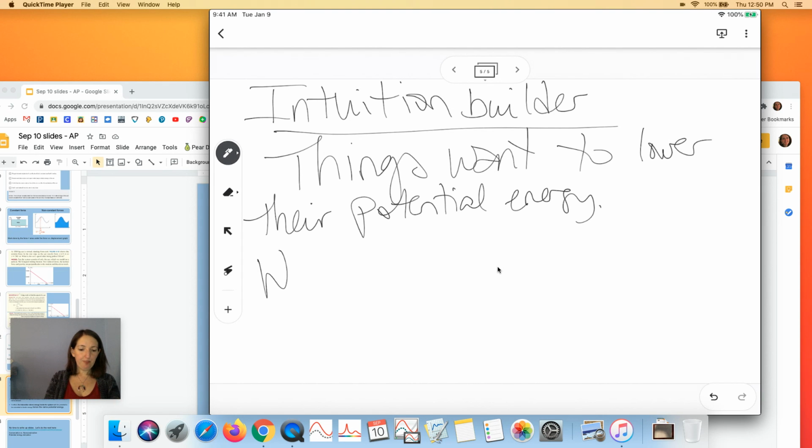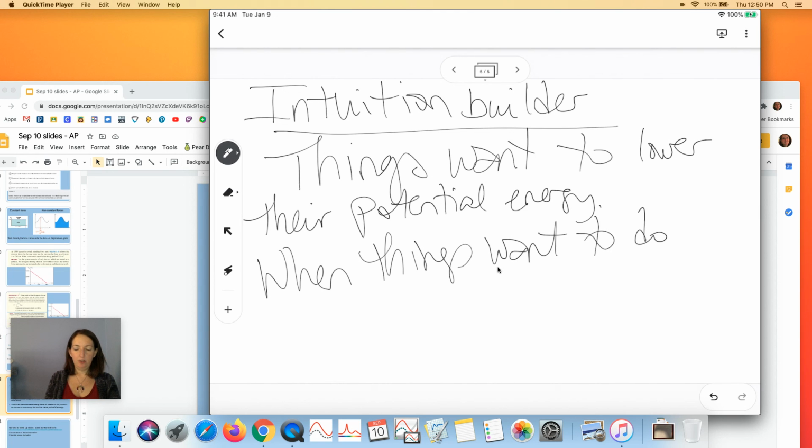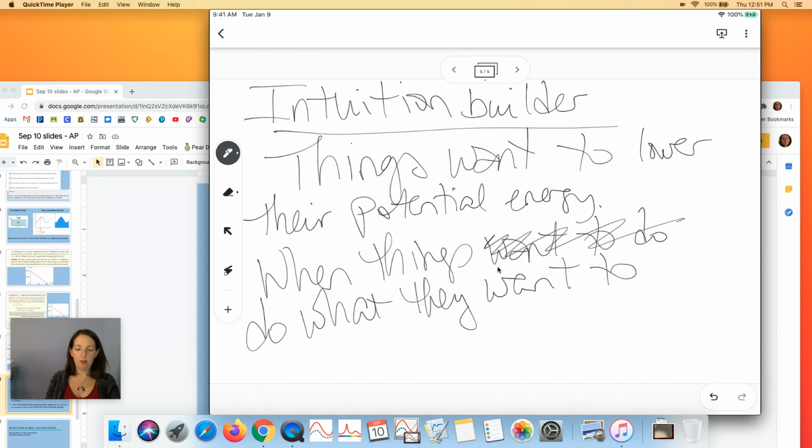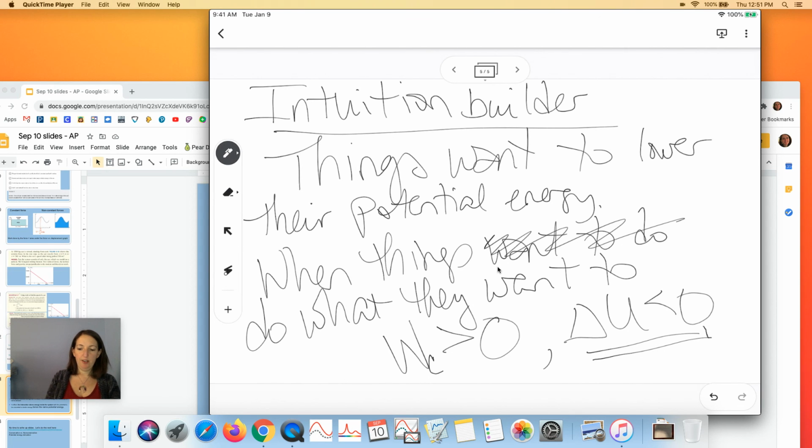When things do what they want to, the work done by that conservative force is positive and delta U is negative. Things want to decrease their potential energy, and because of that relationship with the negative sign, the work is positive.